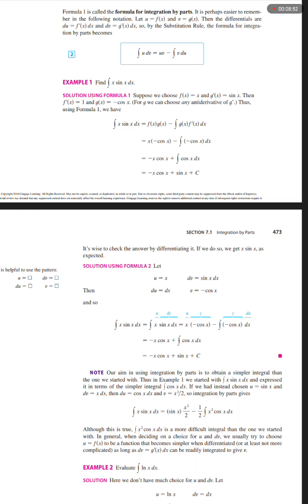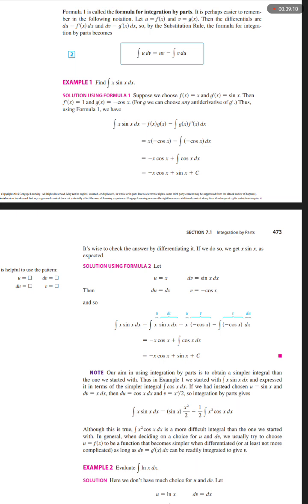Although this is true, the integral of x squared cosine x dx is a more difficult integral than the one we started with.